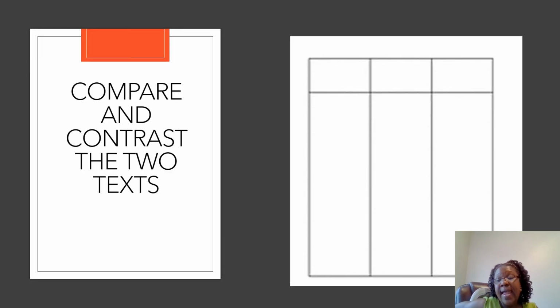All right, so now you're going to compare and contrast how Chicago and New York are the same. We're going to compare Chicago and New York. So you ready? We're going to put NY for New York, and then you're going to do CH for Chicago.